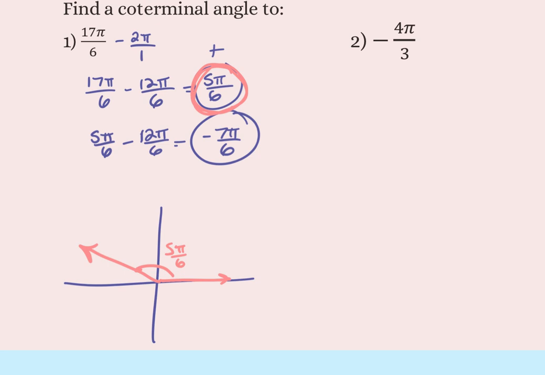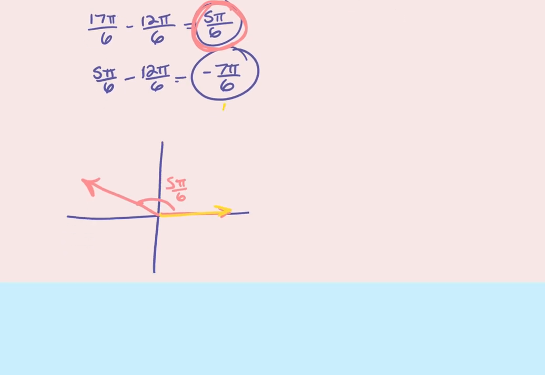Now, if I wanted to graph negative 7 pi over 6, I have to go the other direction. I start here, but I go negative. This would be 1 and 1/6 pi. So negative 1 is here, 1/6 past it, ends the same spot.